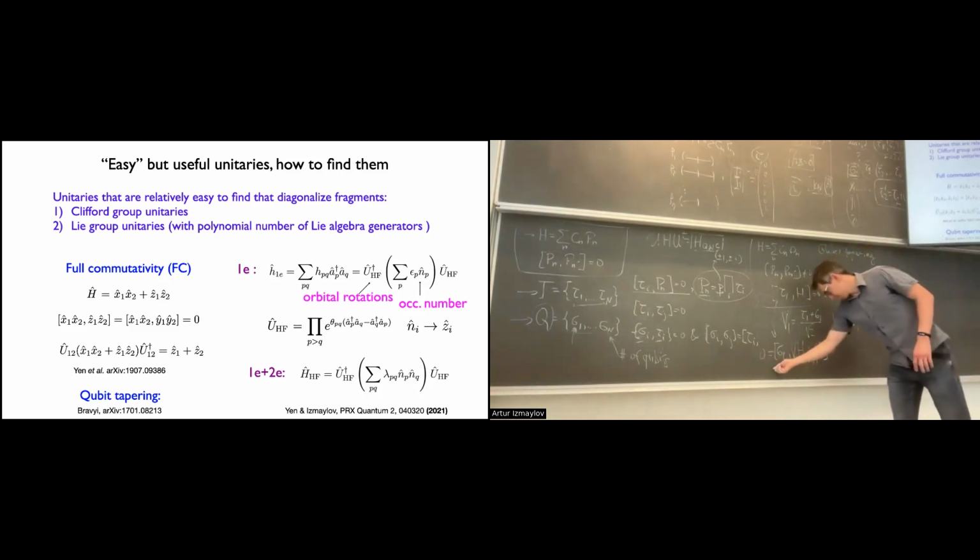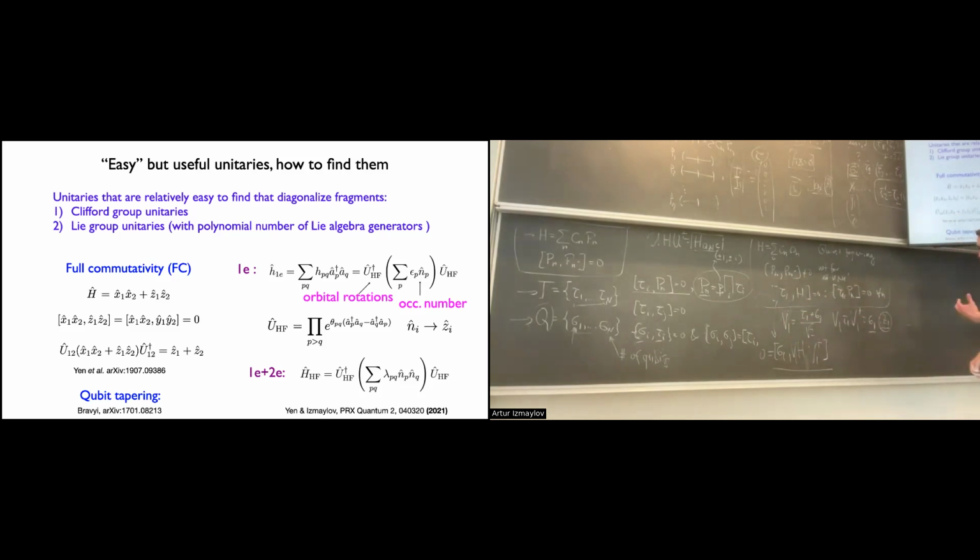The fact that your Hamiltonian commutes with, let's say, Z1, or sigma1 in general, restricts the form of this transformed Hamiltonian significantly, as I'll show very simply in a moment.